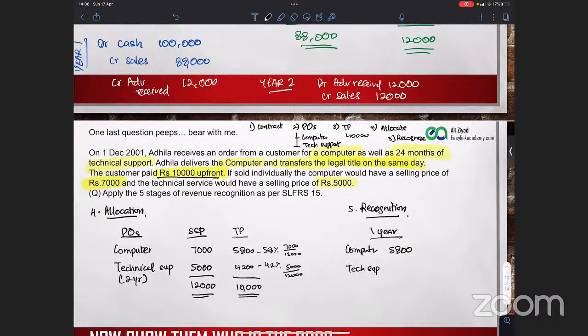How much is that? 4,200 divided by 2, 2,100. So what is the total revenue recorded in the first year of Adila's business? How much? 7,900.